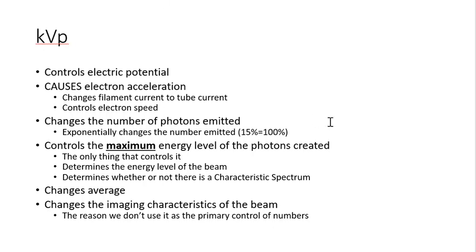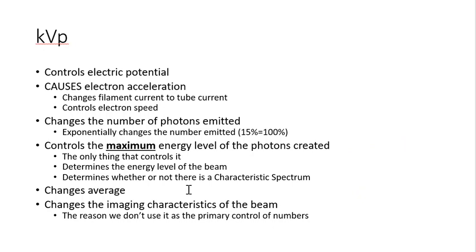So it controls the maximum energy of the photons created, and it's really the only thing that controls that. It determines whether or not we've got a characteristic spectrum, and it determines the energy level of the X-ray beam. So it changes the average. It pushes the average towards the high energy side in the bremsstrahlung spectrum.